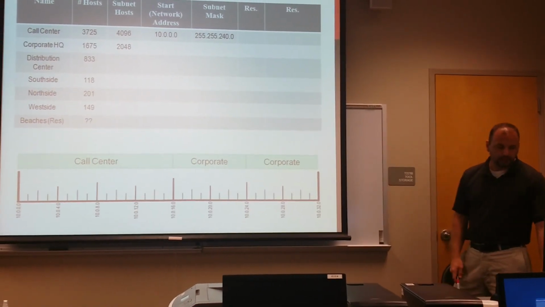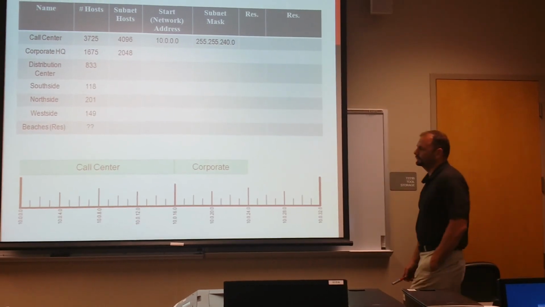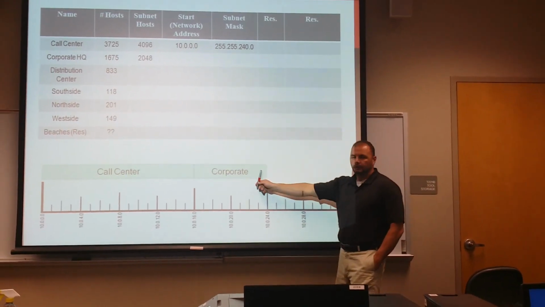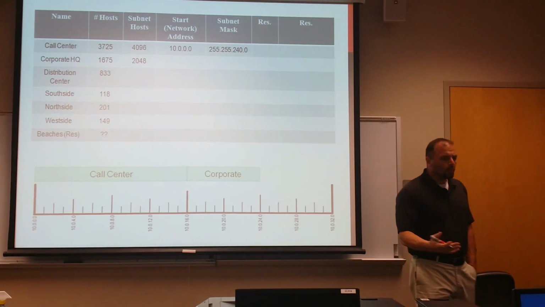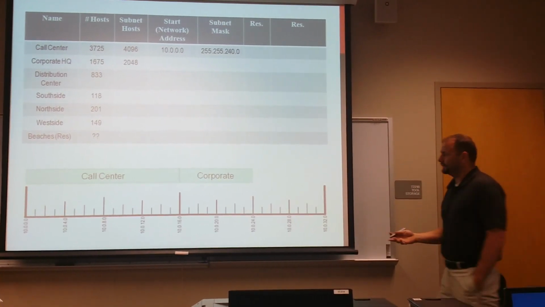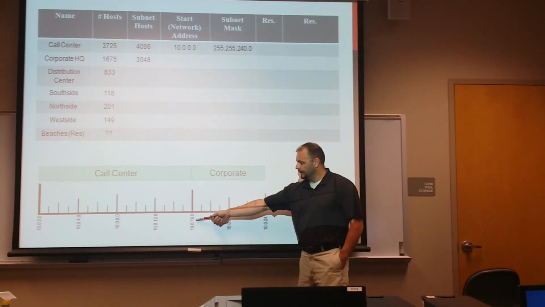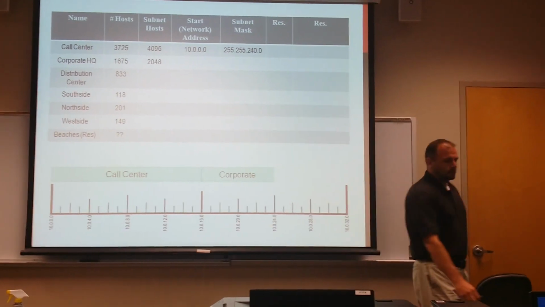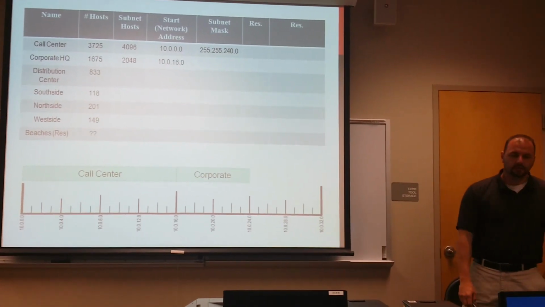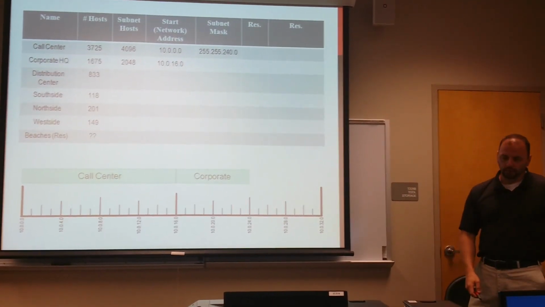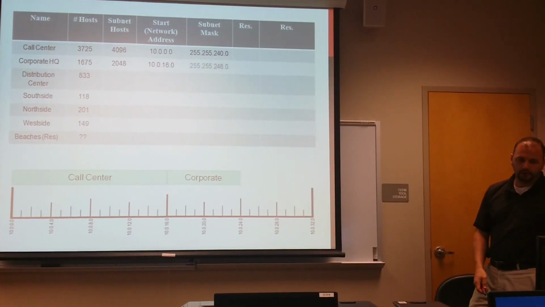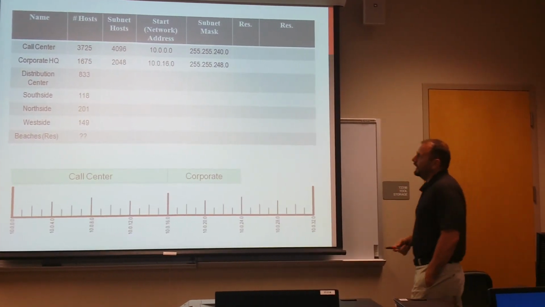Well, I'm going to just pack it back onto the call center. We're just going to keep everything nice and neat. So it's going to stay there. What it does, it now gives me my starting address. It starts where? Here. At .16, so I can fill that into my chart as well. Refer back to my ruler that we had already created. And so I get a subnet mask of 248.